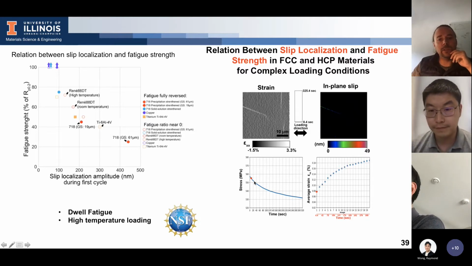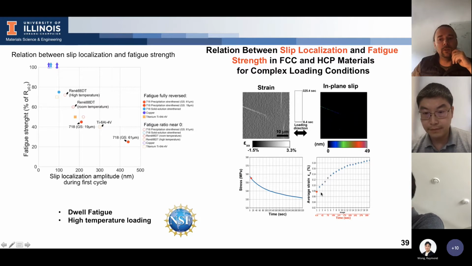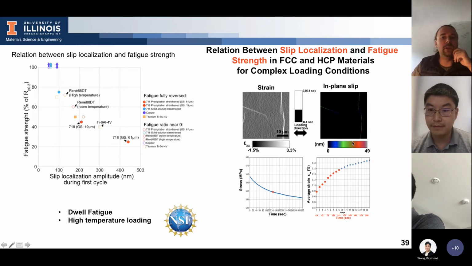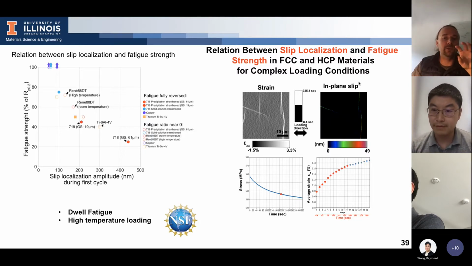However, what you can see is that you have an increase of macroscopic strain. At the same time, you can capture the intensity of the slip bands increasing during this displacement hold, and you can capture that with high resolution DIC. So you have a real-time acquisition of the evolution of the extrusion or of the intensity of the slip during the hold.